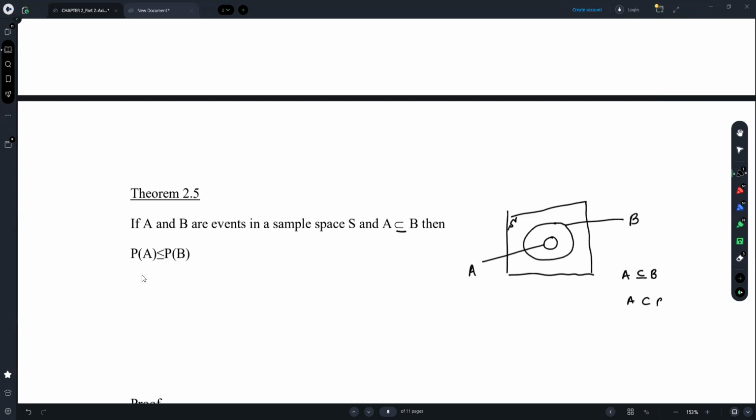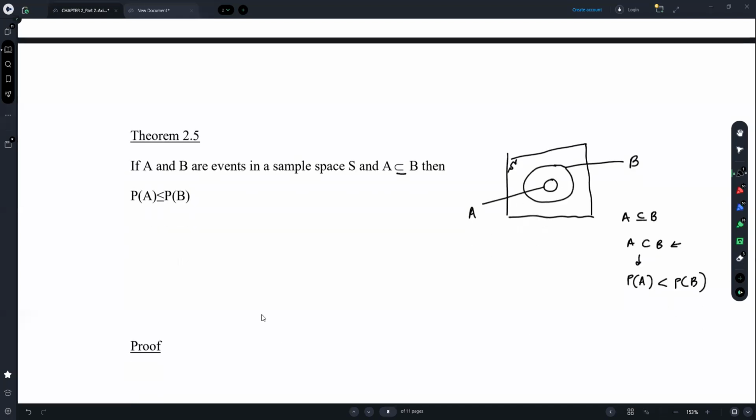This one is called a proper subset, but here it can be equal, right? A is either inside B or it's the whole B. So these two are different. In this situation, you have the equal sign. In this situation, you have just the less than.